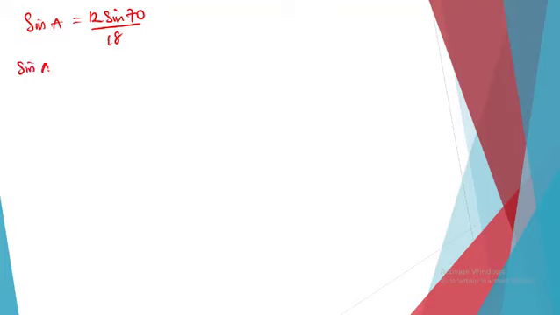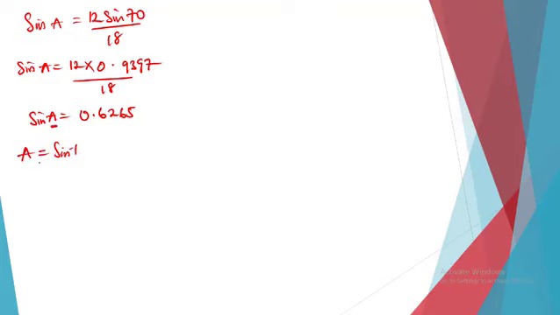Sine 70 is 0.9397. So 12 times 0.9397 divided by 18 gives us sine A equal to 0.6265. Cross check what we are doing to see if we get the same answer. Now, to get the value of A, we have A equal to sine inverse.